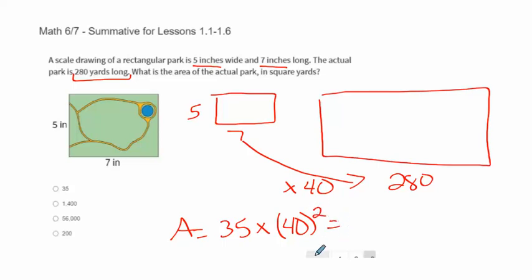All right, so then I just need to solve it. So 40 to the second power, that's 40 times 40, so that's 1600 times the 35. That would come up to be 56,000. Okay. All right, next one.